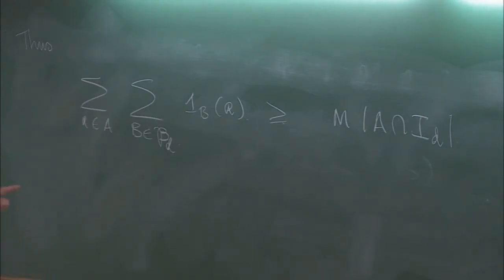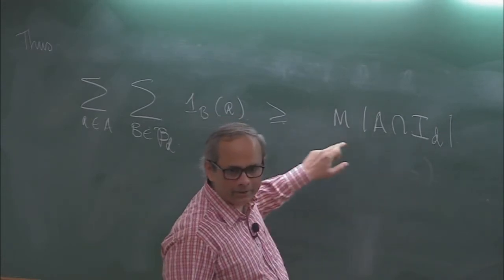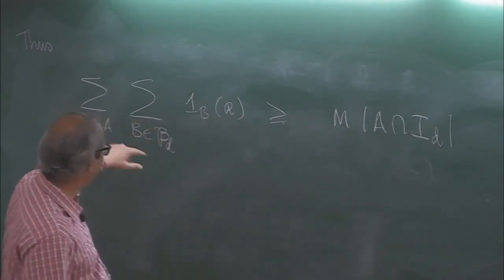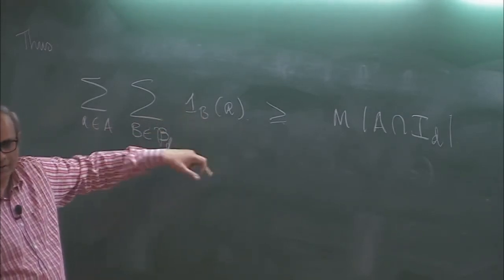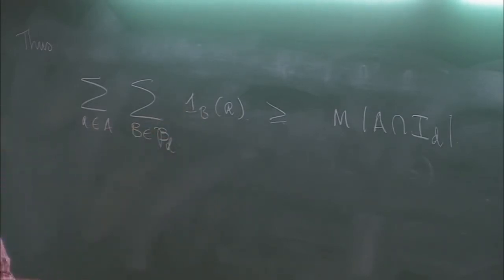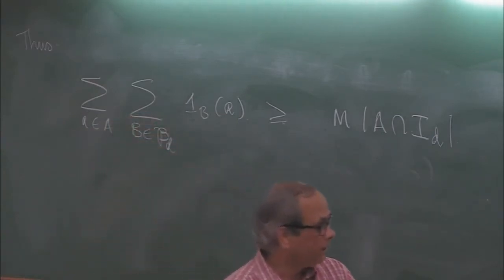Because for every element of A which is contained in I_d, there are m APs of m terms with common difference d. So those m will give you a 1 here, and they are exactly m, and you get that m from this sum. I didn't say that this interval is called I_d, so I call this particular interval I_d.